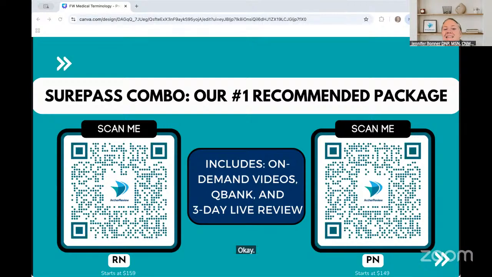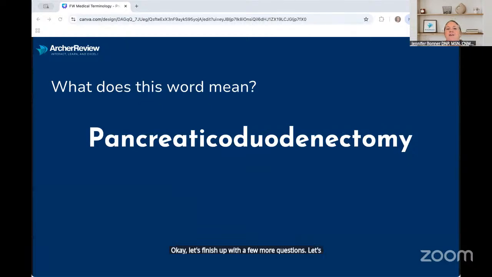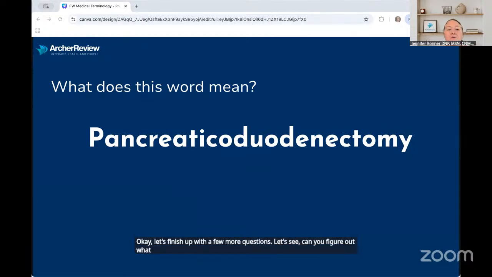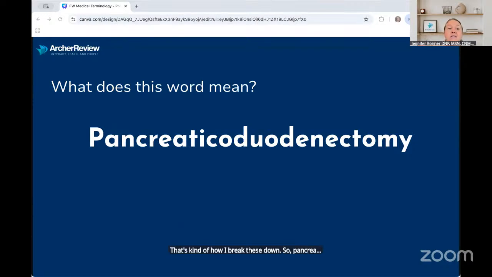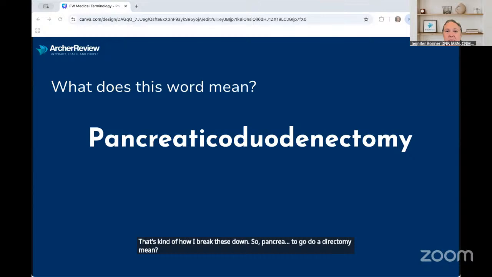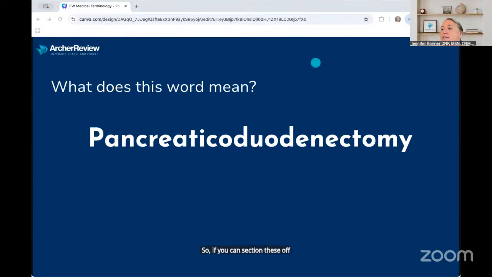Okay, let's finish up with a few more questions. Let's see, can you figure out what pancreaticoduodenectomy means? That's kind of how I break these down. So how would we section this off?